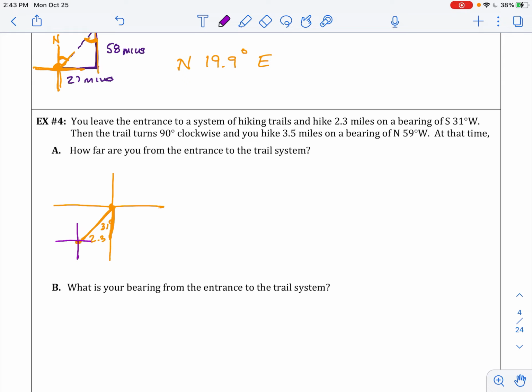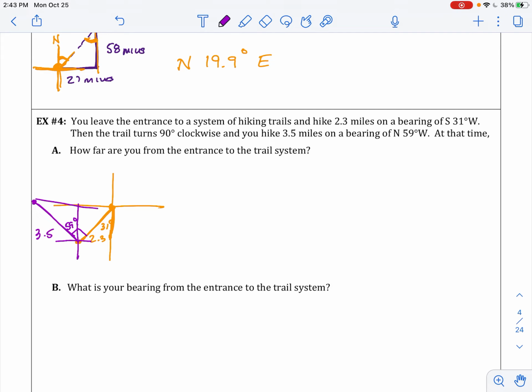And you hike 3.5 miles on that bearing of north 59 degrees east. So I'm going to head out this way, where this overall angle is 90, but north 59 degrees east means that this right here is 59 degrees, if you can follow that. And this length is 3.5, and I end up here.